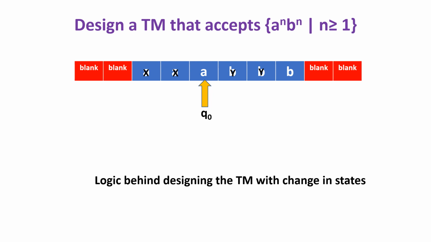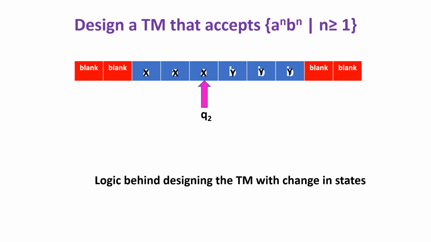So once I get an X, here completes the second cycle, move towards the right and change the state to the initial state. So now again we are entering into the third cycle, where the initial state is pointing to the first input symbol A, or the leftmost A. Replace it by X, change the state to Q1, move towards the right until we come across the leftmost B. Once we get it, replace B by Y, move towards the left, change the state.